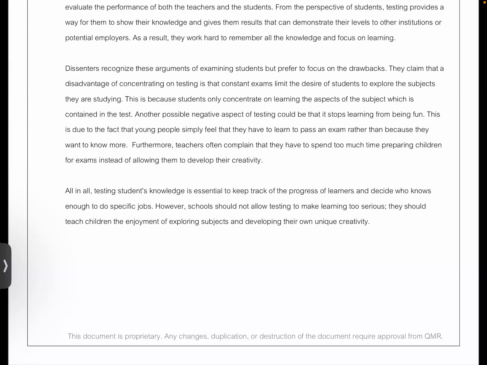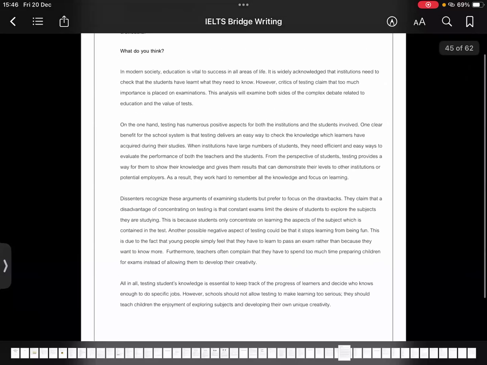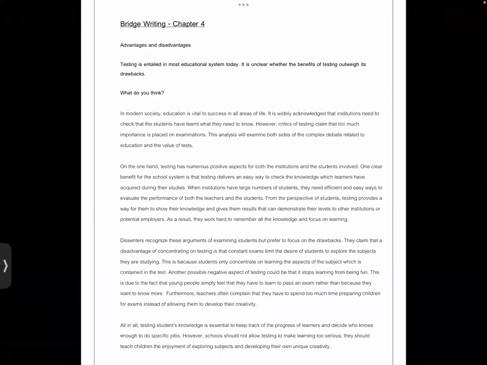Okay, so instead of restating all the negative aspects of testing, this writer decided to offer some advice so that all those negative effects of testing do not affect you. Okay, so that's all about this advantage and disadvantage essay.